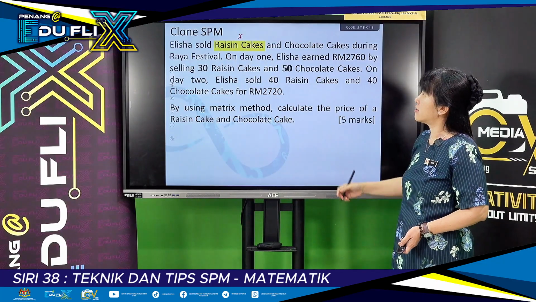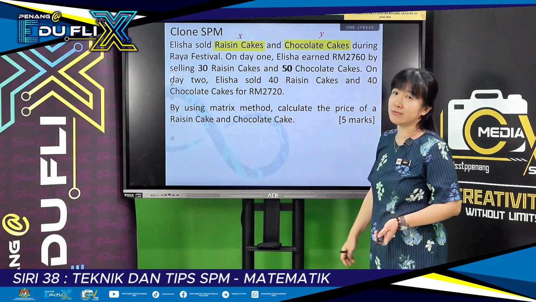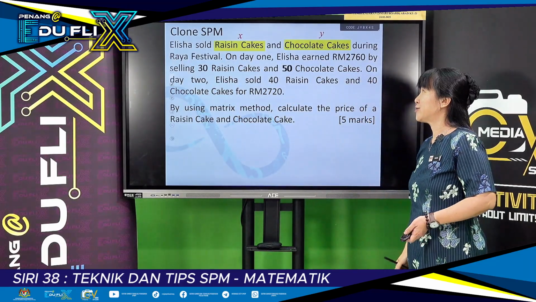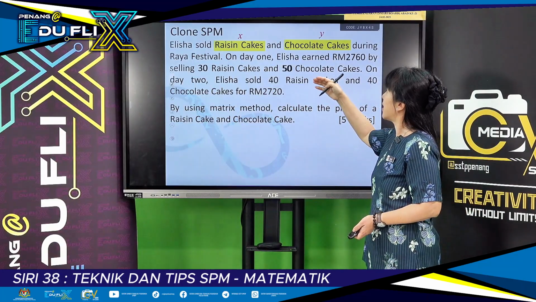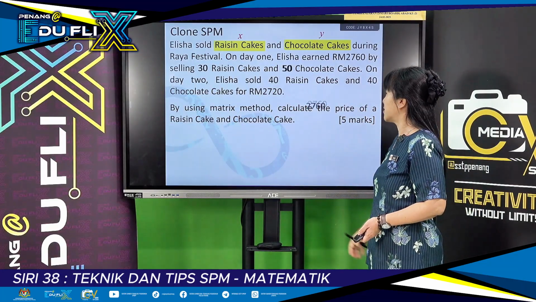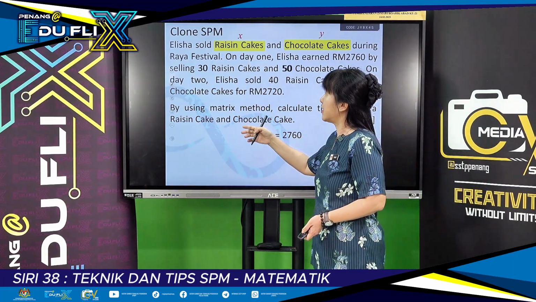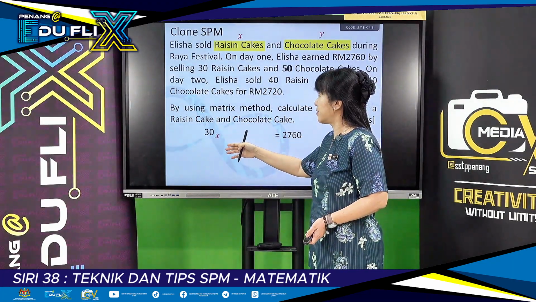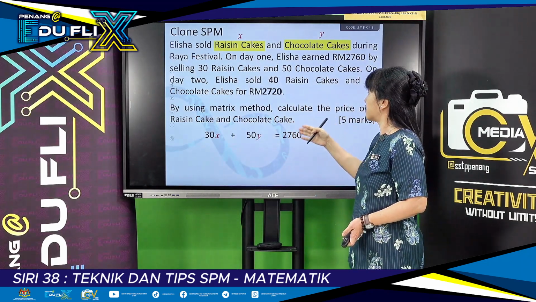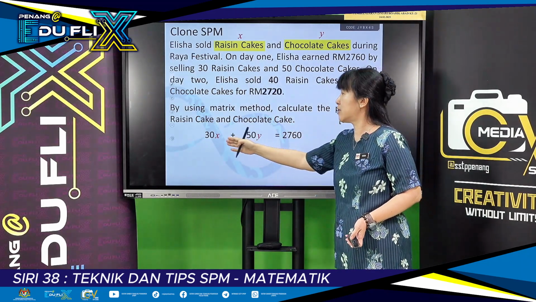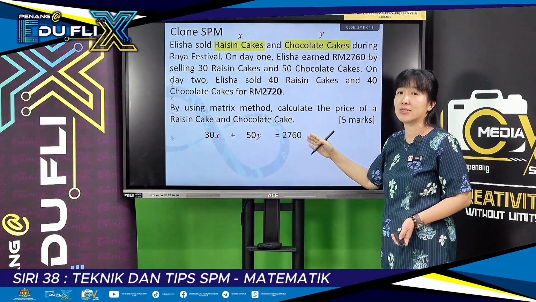Let us assume raisin cake is x, chocolate cake is y. So the first information tells us that Elisa earned 2,760 from selling 30 raisin cakes, which is x, plus 50 chocolate cakes, which is y. So the first equation is 30x plus 50y equals to 2,760.